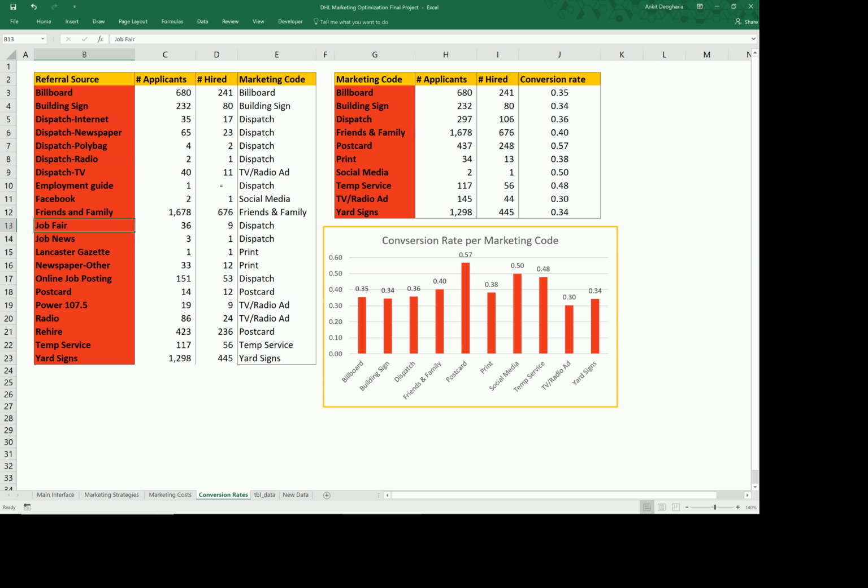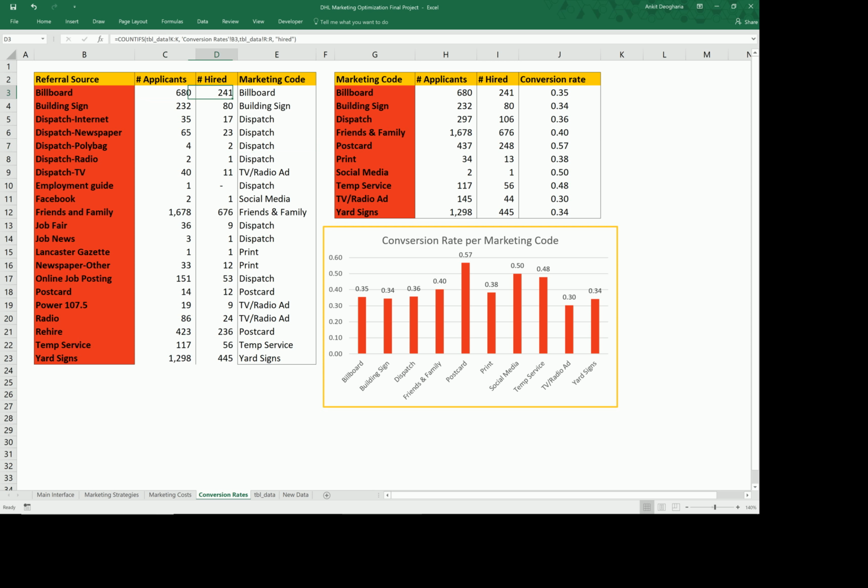It can be the job fairs that DHL has, and it can even be the radio. Each of these referral sources corresponds to a specific marketing code. So this simply serves to narrow down the list of categories that we have to consider.